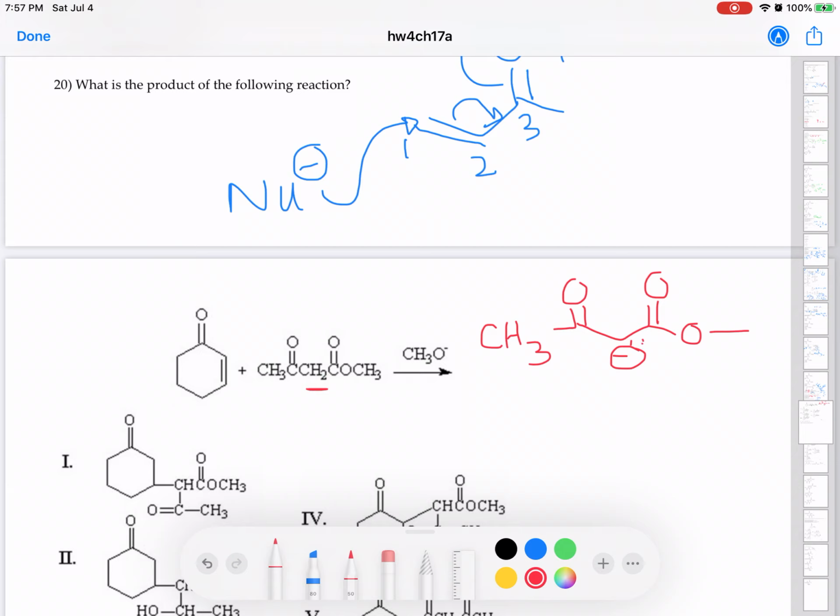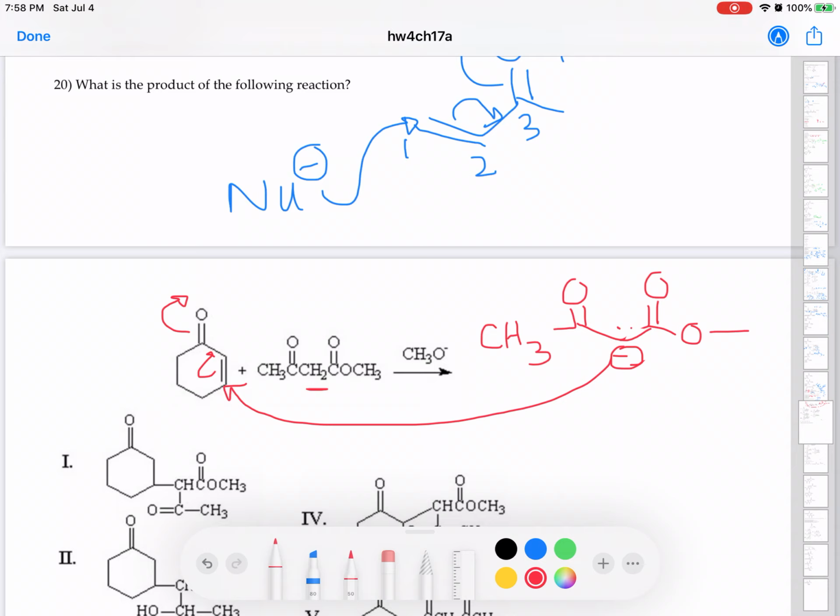Okay, and then this is going to act as a Michael addition. There is a lone pair right there. That is going to add in the 1,4 addition like this. It's a Michael addition. Again, refer to the page numbers I gave in the previous one.